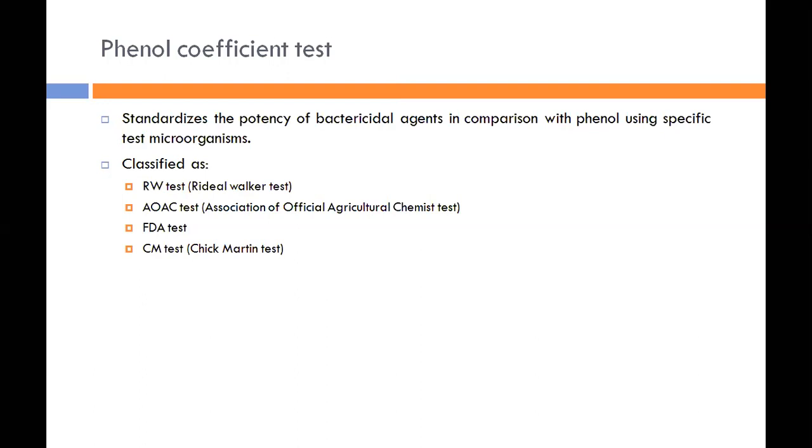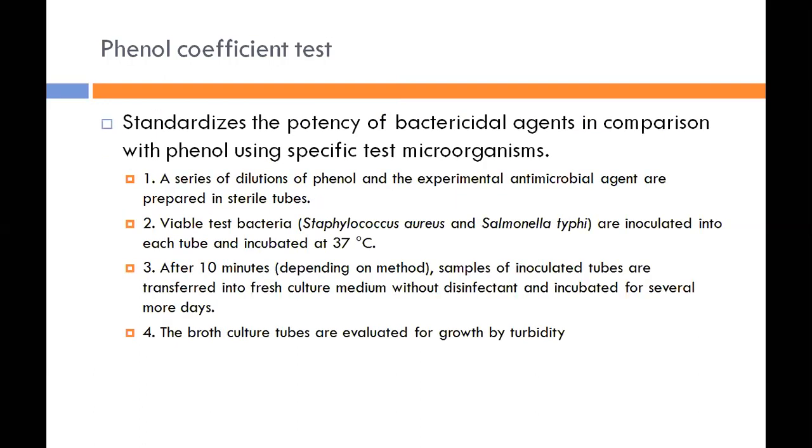Let's first understand the basic procedure and the basic mechanism behind this coefficient test. As we already know, it standardizes the potency of bactericidal agent using a specific microorganism. First step, a series of dilutions of phenol and experimental antimicrobial agent are prepared in sterile tubes.